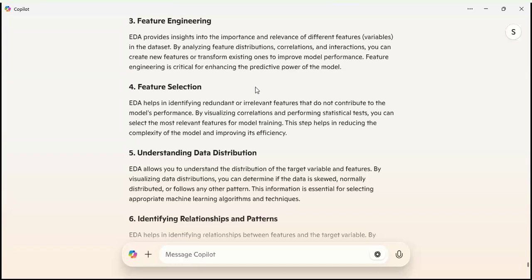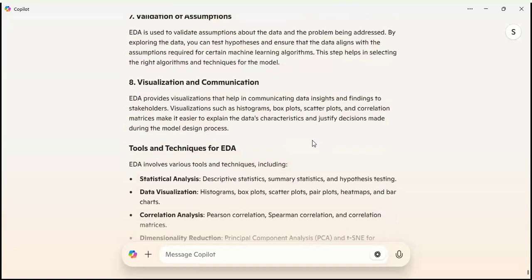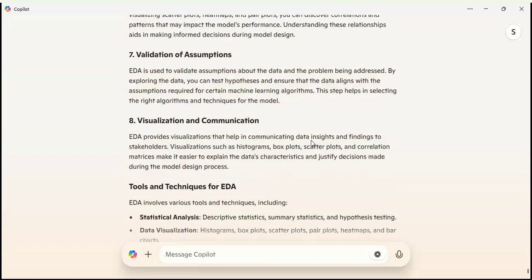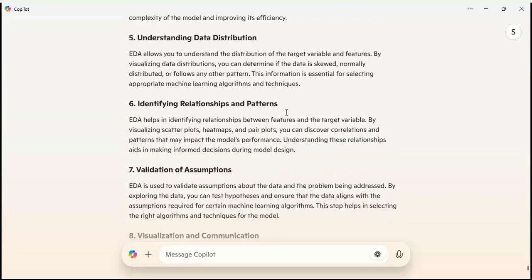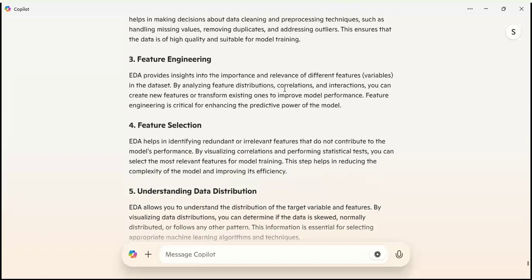By visualizing correlations and performing statistical tests, you can select the most relevant features for model training. This step helps in reducing the complexity of the model and improving its efficiency. So the EDA process is running across activities in model design till model data visualization is happening. It means it is a parallel activity for every activity or task in model design.